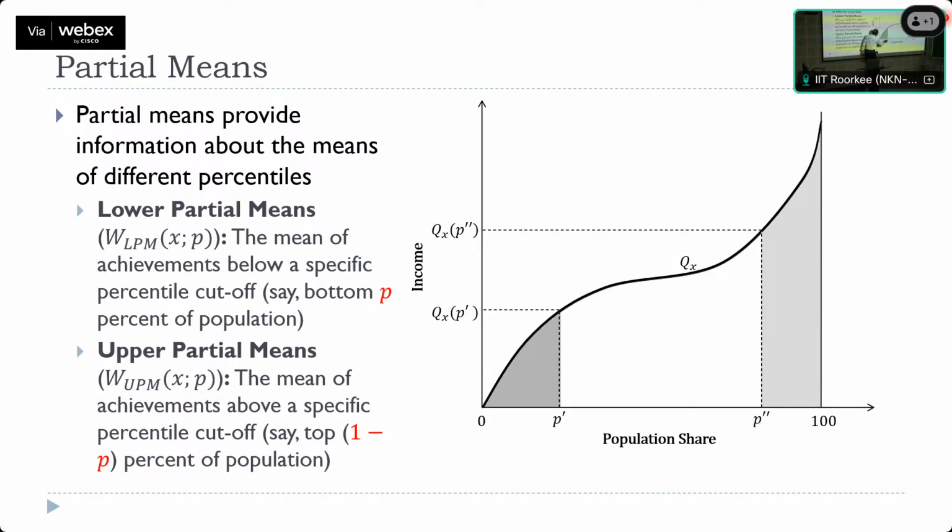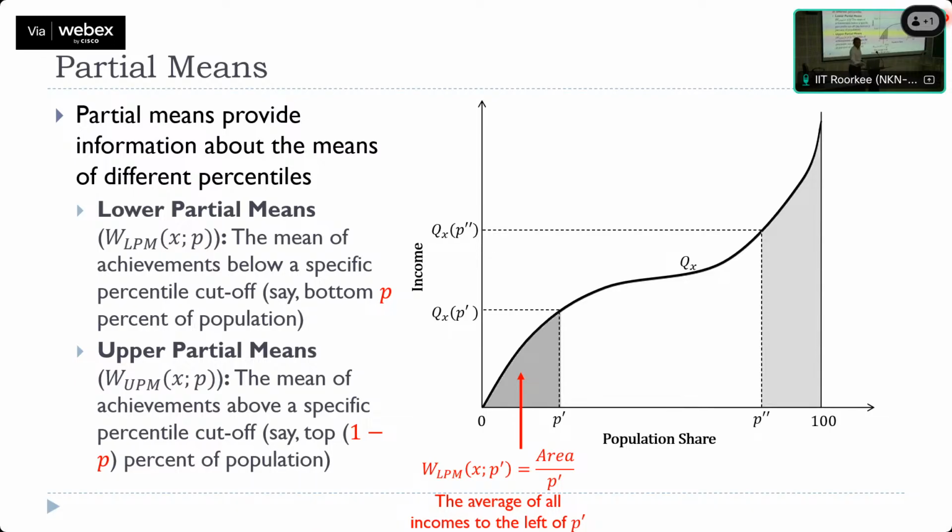So if it is 10, then you have the bottom 10% of the population. And this is all the income of the top 10% of the population, suppose. Then it turns out the average here, graphically, is the area divided by this, because you are looking at the average of everybody over here.